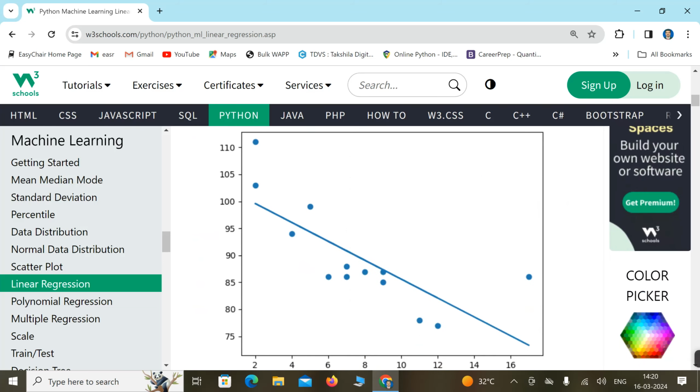Now, why am I telling this? Because the y-axis represents the speed and the x-axis represents the age. Now the question comes, what type of regression is this?